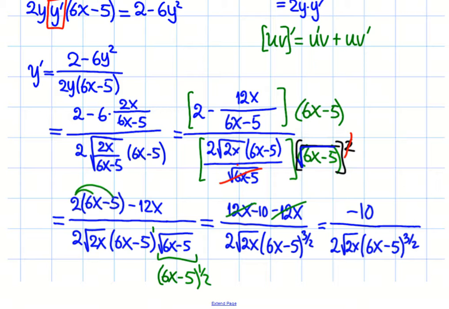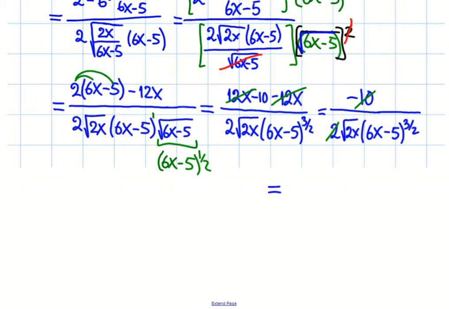And then the negative 10 and the 2 cancel at the bottom. So we just have negative 5 on the top, and square root of 2x, 6x minus 5 to the 3/2. That's what we have.